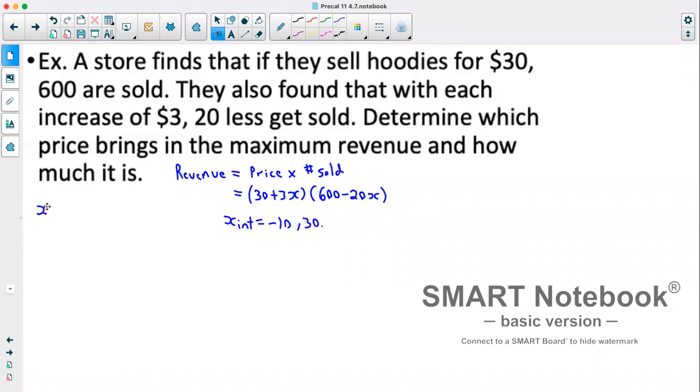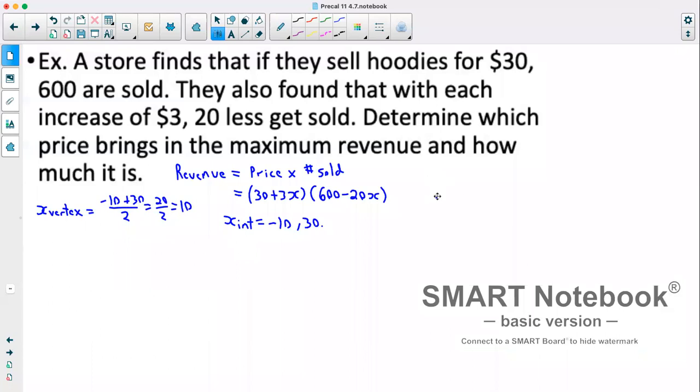So x of our vertex would be the average of those. So -10 plus 30 divided by 2, that'd be 20 over 2. So essentially our x of our vertex is 10, which means we had 10 increments of price.